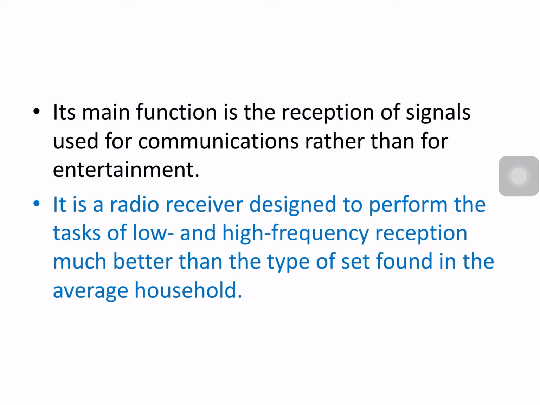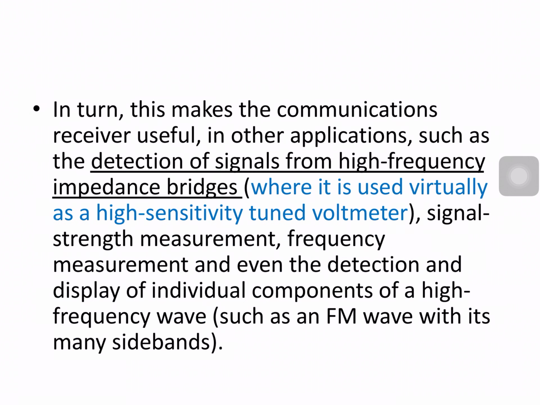It is a radio receiver designed to perform the task of low and high frequency reception much better than the type of set found in average households. This makes the communication receiver very useful in other applications such as detection of signal for high frequency impedance bridges.